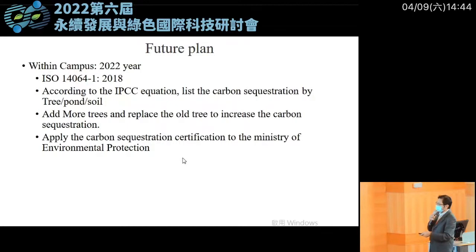For all of this, we will apply for the certification, which is controlled by the Ministry of Environment Protection. After they agree, we can reduce the carbon emission of our campus. This is what we will do this year.